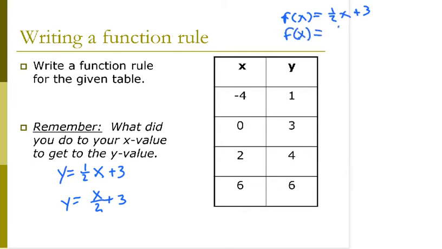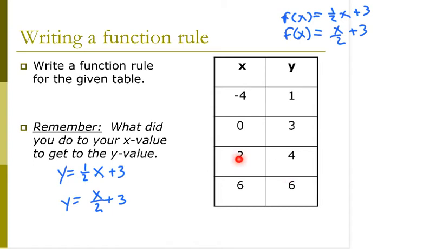If we put 6 here, 6 times 1/2 is 3, and 3 plus 3 is 6, which is what we have here. If we put 2, 2 times 1/2 is 1, and 1 plus 3 is 4. So it seems like it's working.